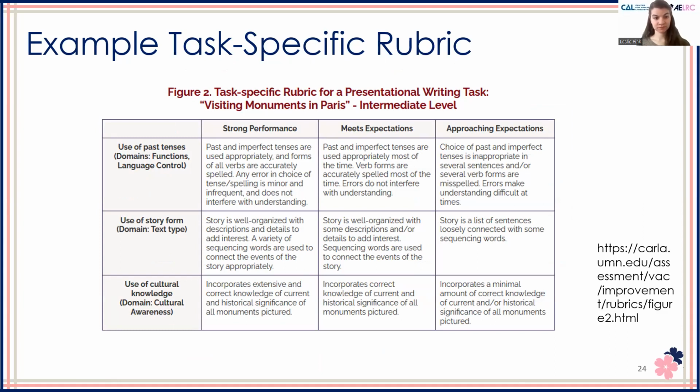So compare the descriptors for the cultural knowledge criteria and notice how much more specific they are than they were in the generic rubric. So again, in the bottom row here, use of cultural knowledge. Here, a strong performance is characterized by including the current and historical significance of all monuments pictured. So it mentions the monuments right there. This rubric is designed for the task specifically about monuments.